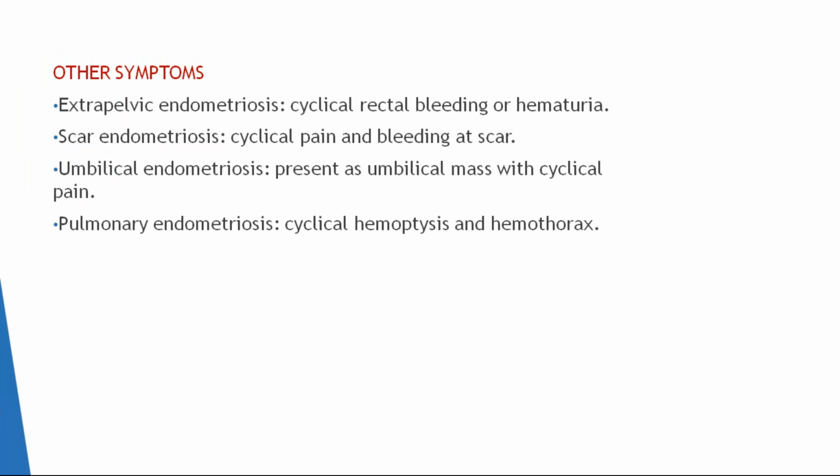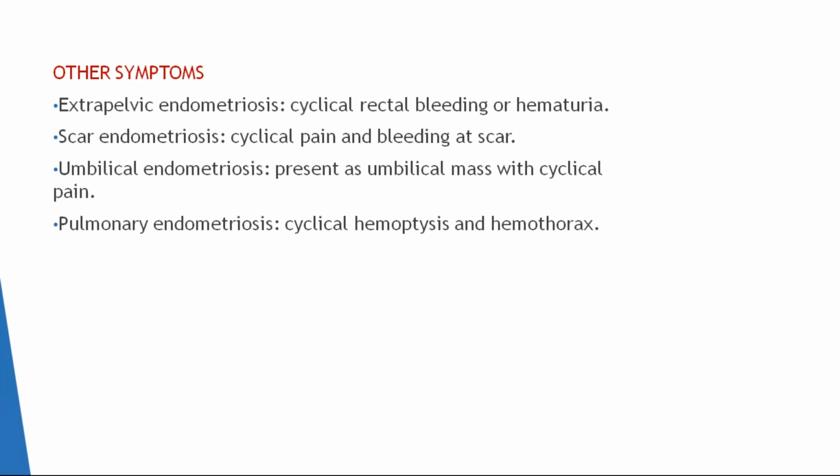So what are the other symptoms? If there is extrapelvic endometriosis, cyclically with every cycle, this endometrium will start acting like the endometrium which is present in the uterus. So cyclically, when she is in menstruation, they will have rectal bleeding and hematuria in the urine or stools.